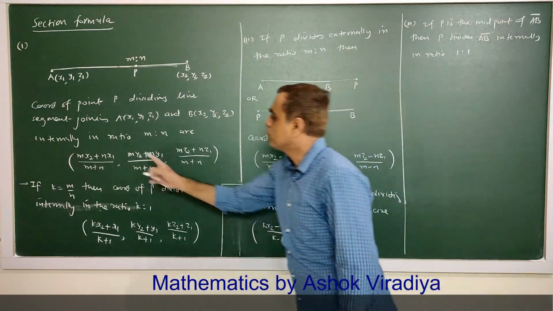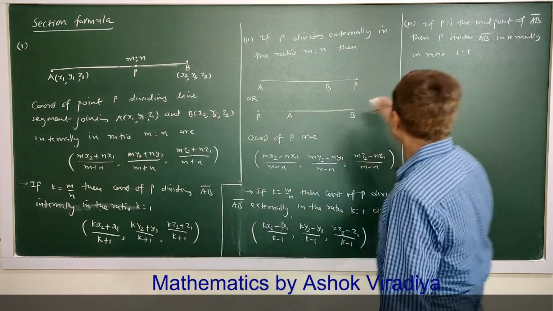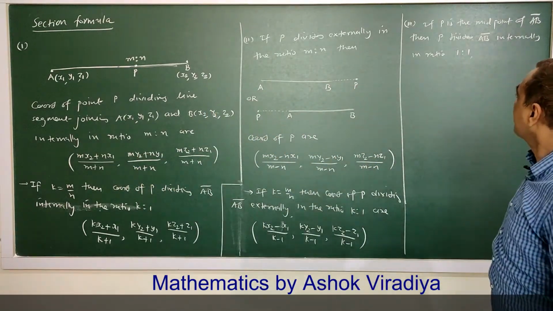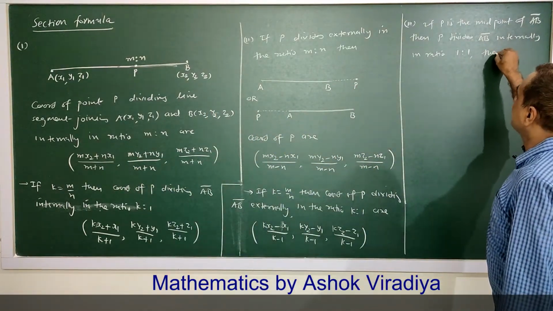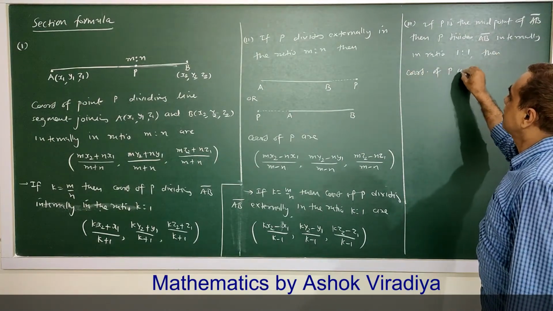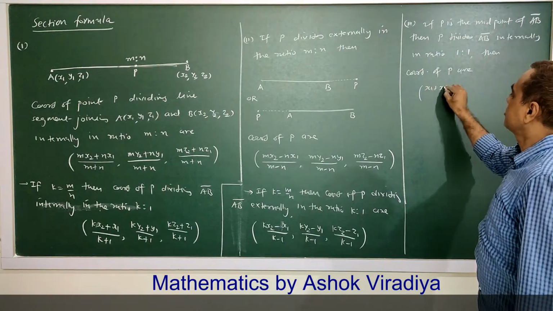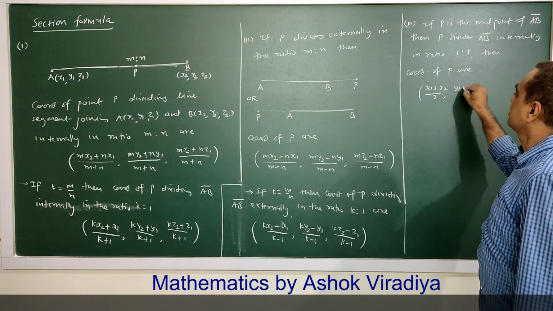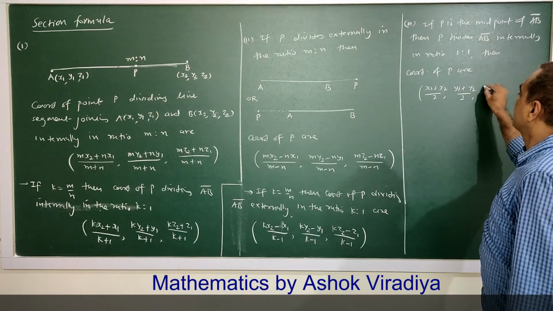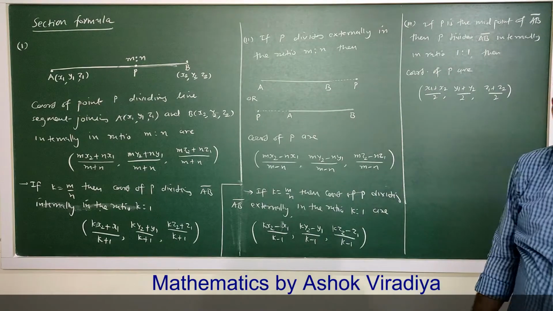So putting m equal to 1, n equal to 1 in this formula, coordinates of P are x1 plus x2 by 2, y1 plus y2 by 2, z1 plus z2 by 2. That means midpoint.